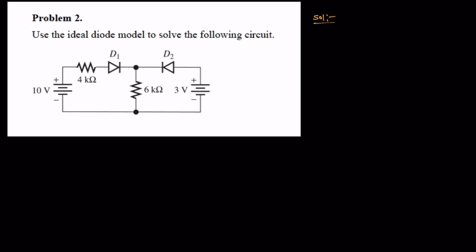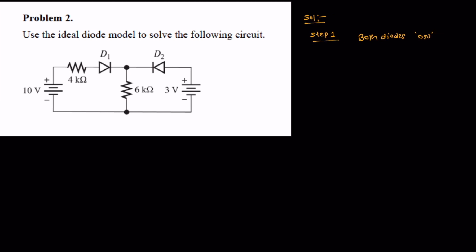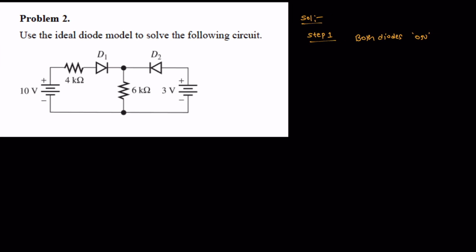First, step one, we directly assume both the diodes are in on conditions. Here it is clearly given both the diodes are ideal diodes, and we have assumed in step one that D1 and D2 are both on.